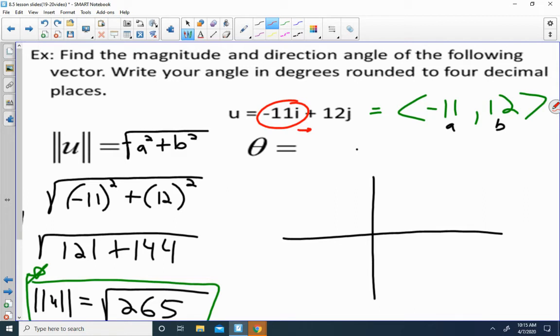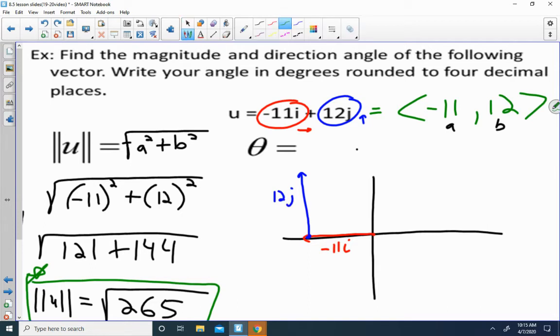Ooh, that means we might have to go in the left direction this time. So in other words, we're going to have to go to the left, negative 11i. But then in terms of up and down, we got 12j. The 12 is positive, so that means we're still going to be going up. So let's go up 12 units, and that'll give us 12j.